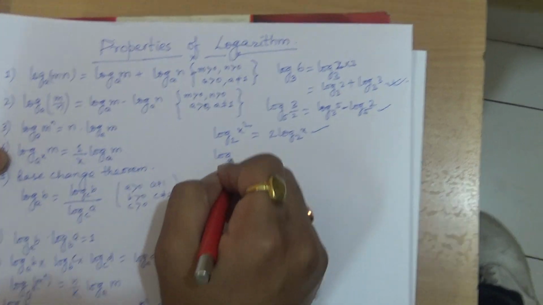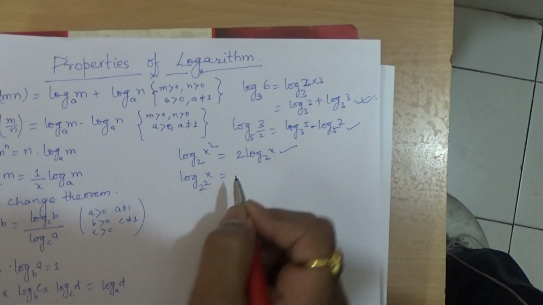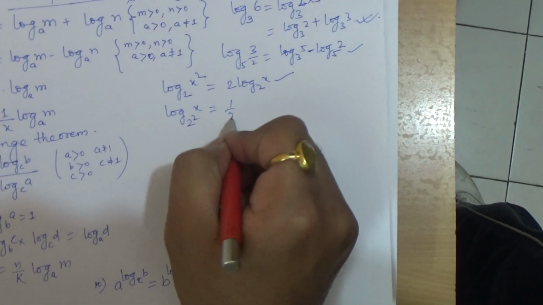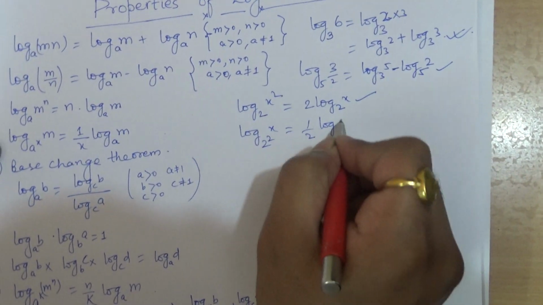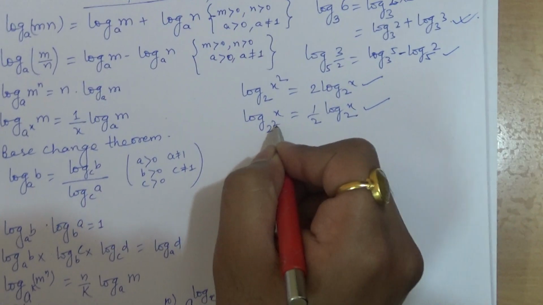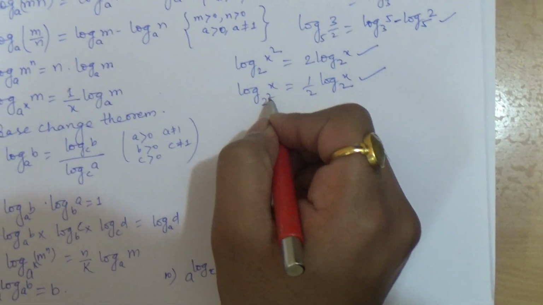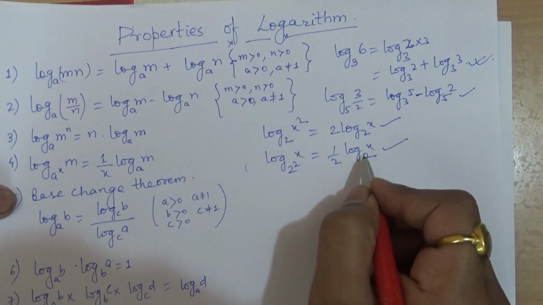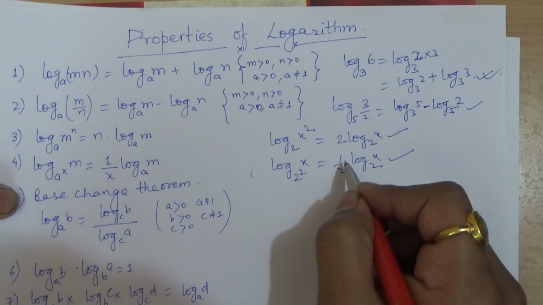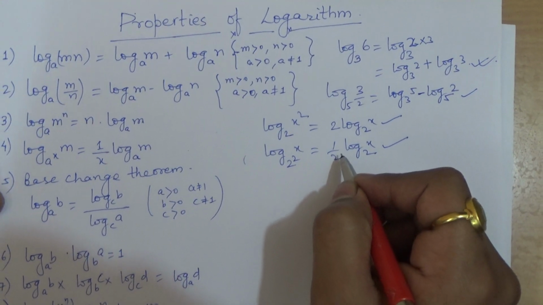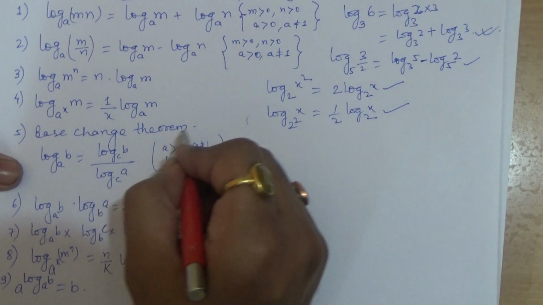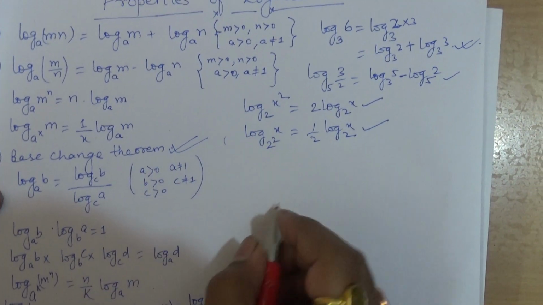Similarly, if it is x to the power 1 upon 2, we can write 1 upon 2 log x base 2. If the power is in the base, then if we bring out this power, it will be reciprocal.